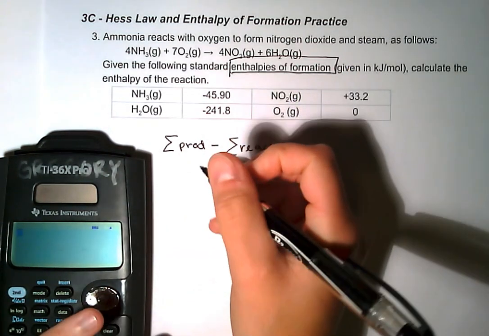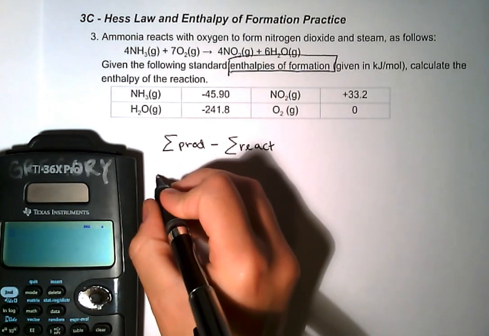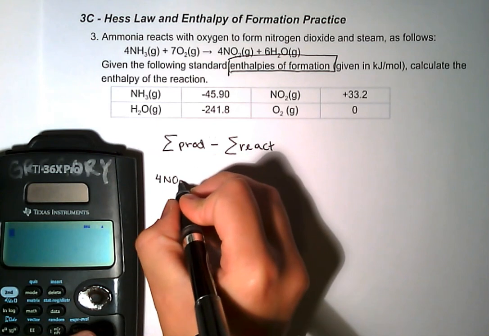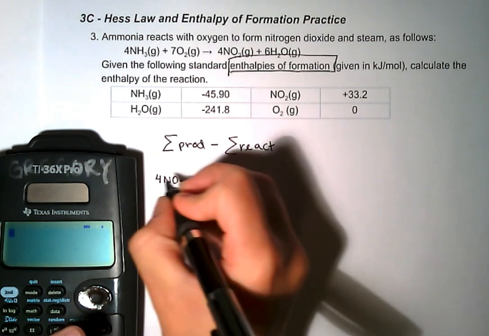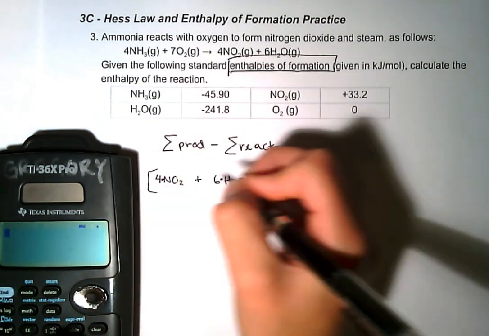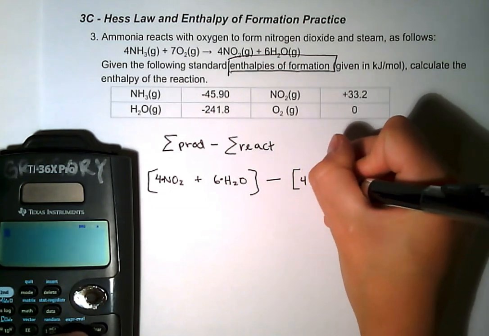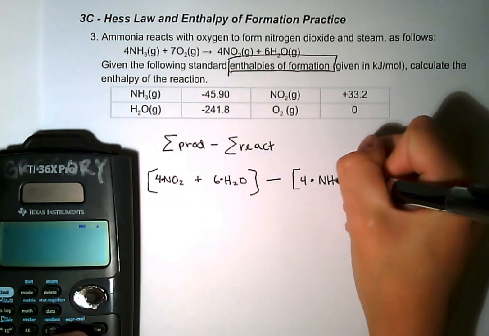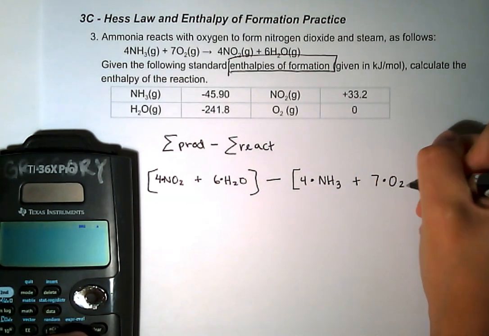Okay, so our products are NO2 and H2O, but we have 4 NO2s and we have 6 H2Os. So I'm going to go ahead and write that out so I don't forget to multiply by those things. So those are our products. And then we need to do minus our reactants, and we have 4 NH3s, 4 times NH3. And we have 7 oxygen, 7 times O2.